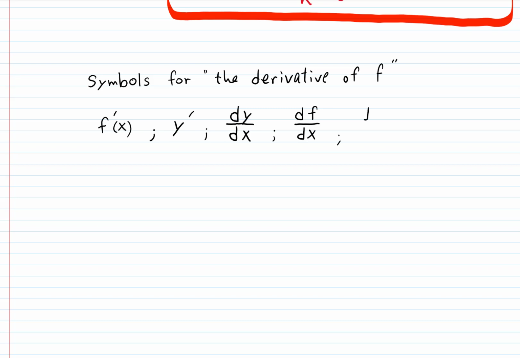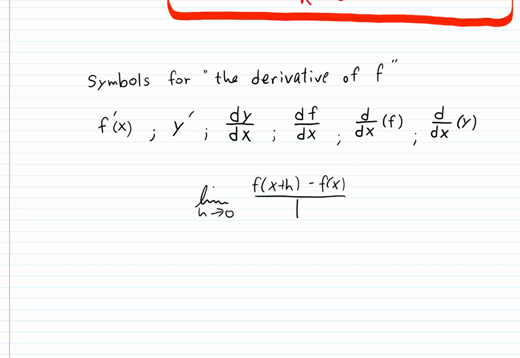Or like this, d over dx with an f next to it in parentheses, or a y next to it in parentheses. These all just mean the derivative of f. All of them mean the limit as h approaches 0 of f of x plus h minus f of x over h. They all mean that. Okay? That was a longer video, but we're done for today.